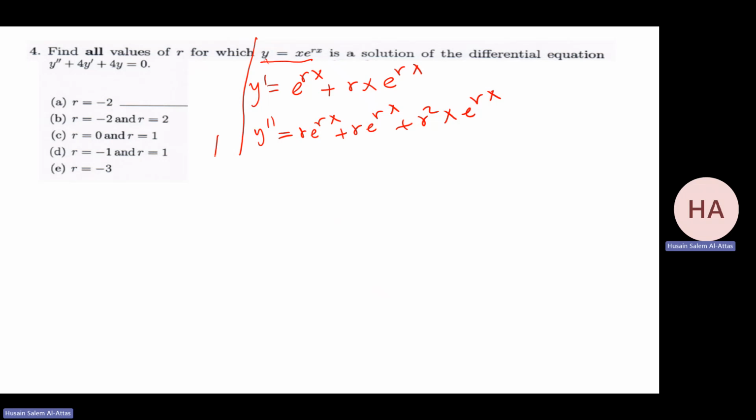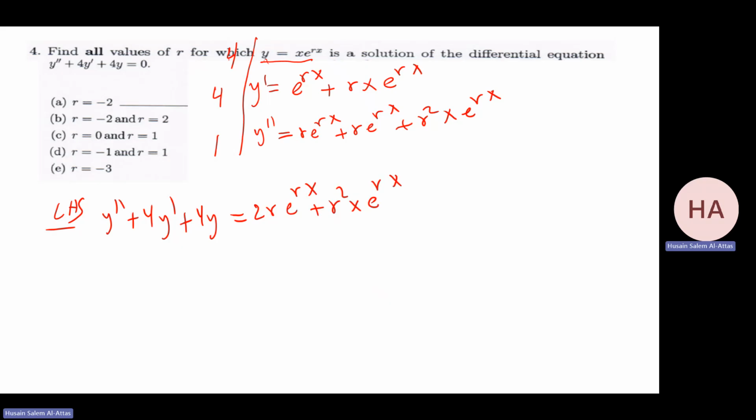So multiply by 1, 4, and 4. Left hand side, I have y double prime plus 4y prime plus 4y. That gives me 2r e to the power rx plus r square x e to the power rx, plus 4 e to the power rx plus 4r x e to the power rx plus 4 x e to the power rx.